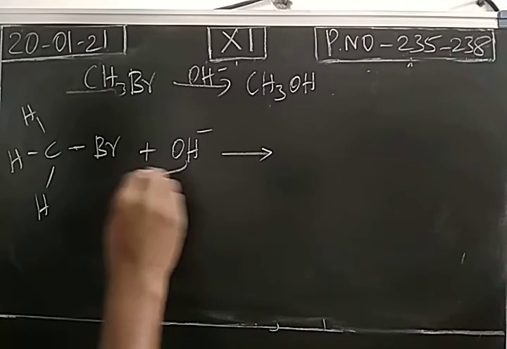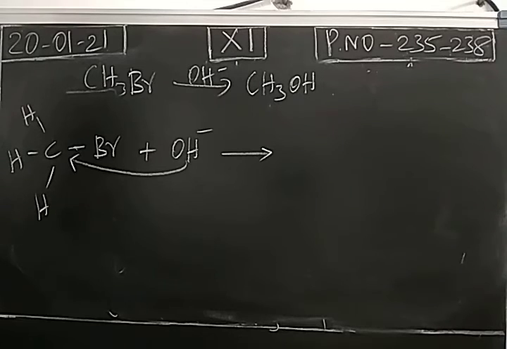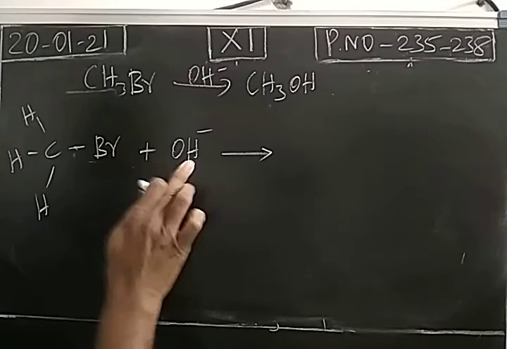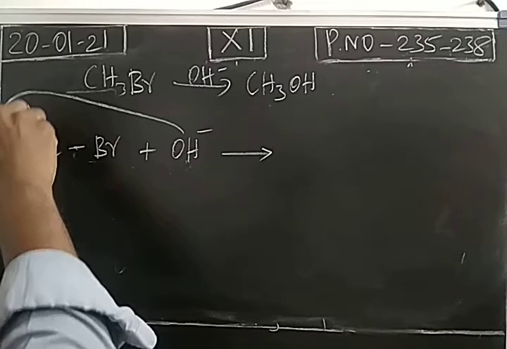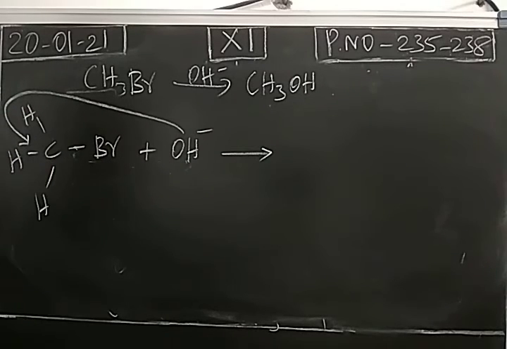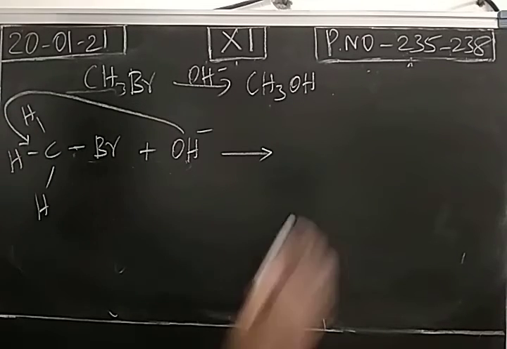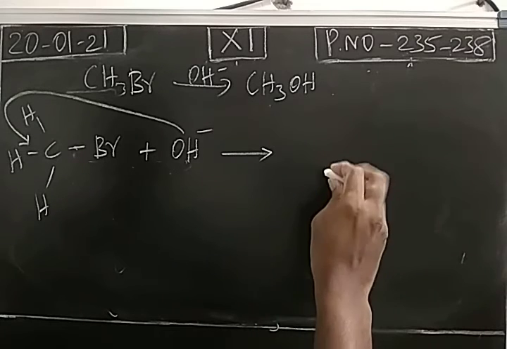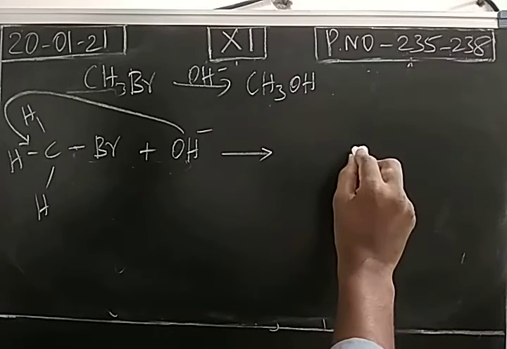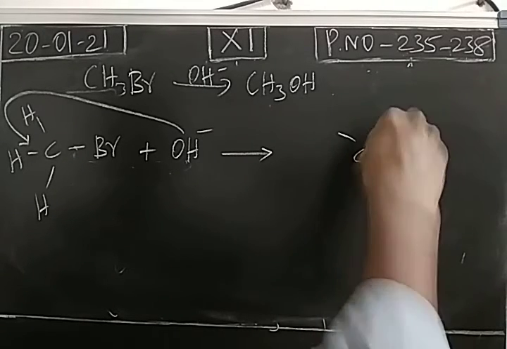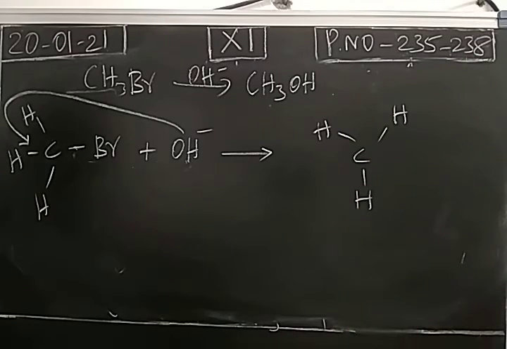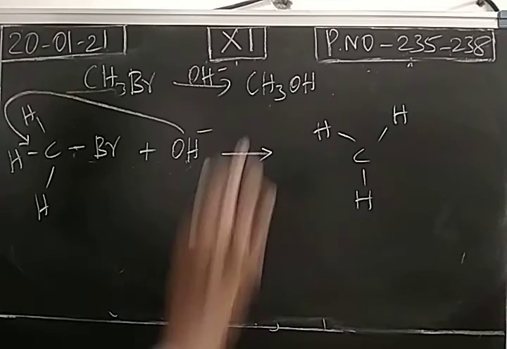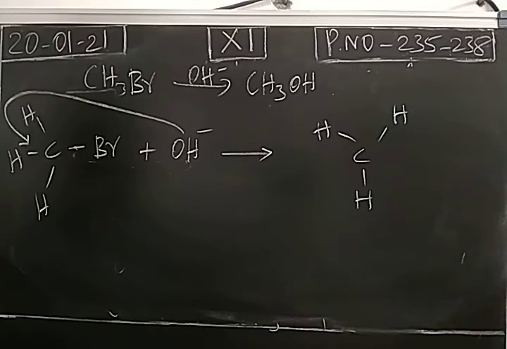So it will not attack in this position. So the nucleophile will attack this carbon from the back side. Because of this attack, we get a transition state. Before getting the product methanol, there will be a formation of a transition state.